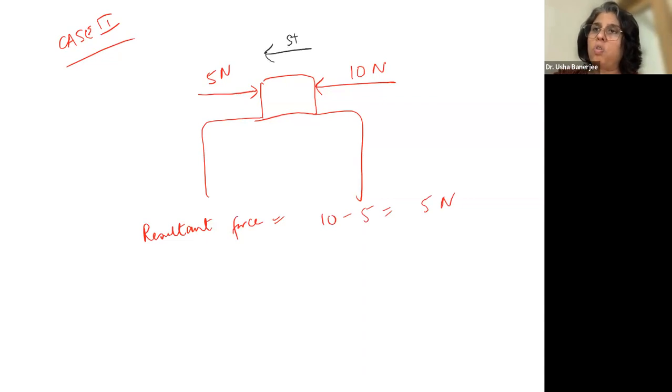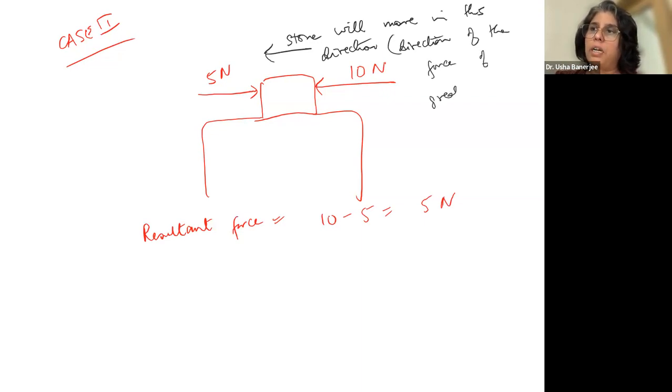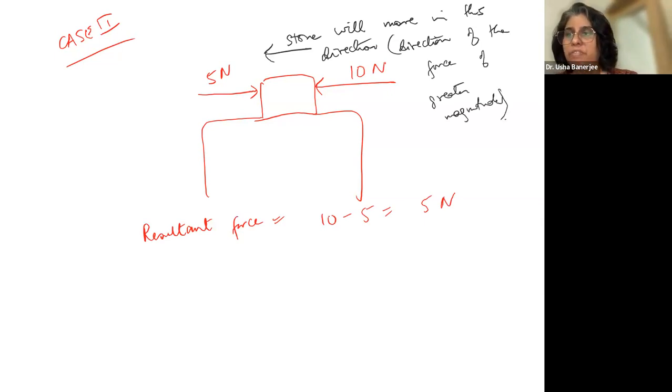So the stone will move in this direction. And what is this direction? This is the direction of the force of greater magnitude, because 10 is greater than 5, which means I am pushing with a lot of force.